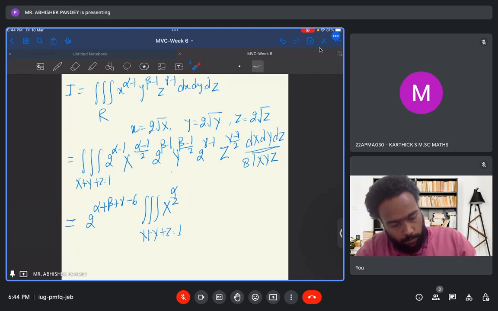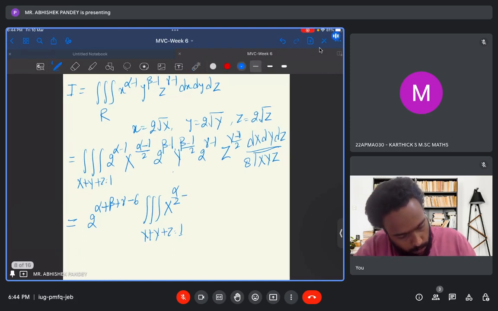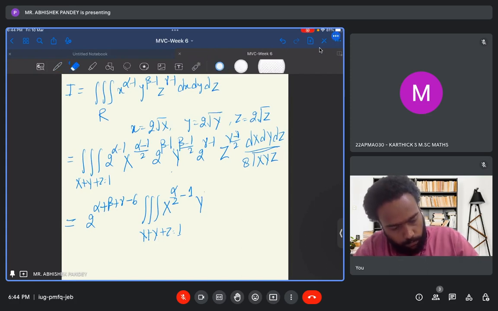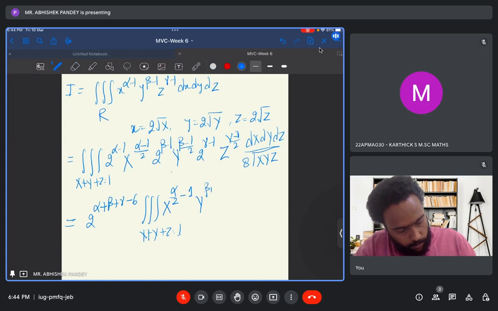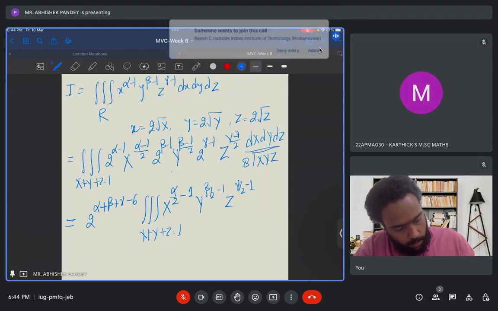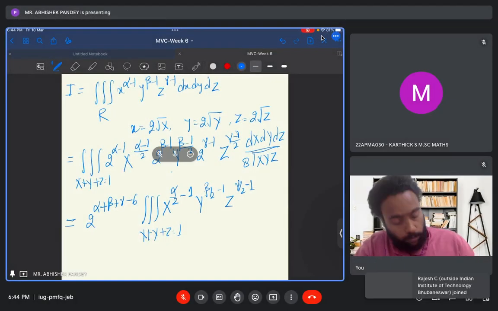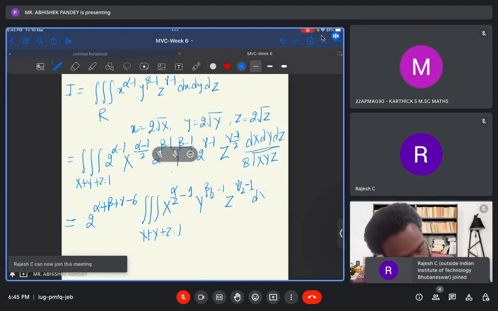So this is alpha by 2 minus 1, y to the power beta by 2 minus 1, z to the power gamma by 2 minus 1. Okay, and this will become dx dy dz.